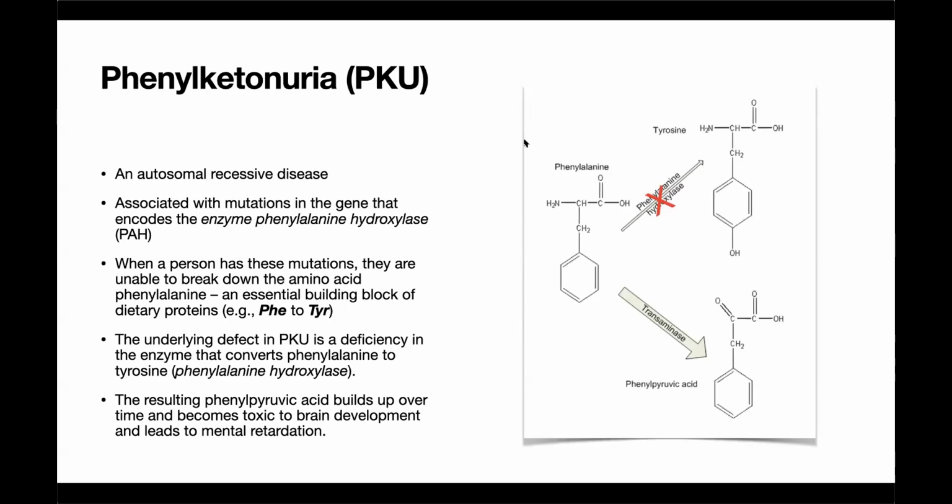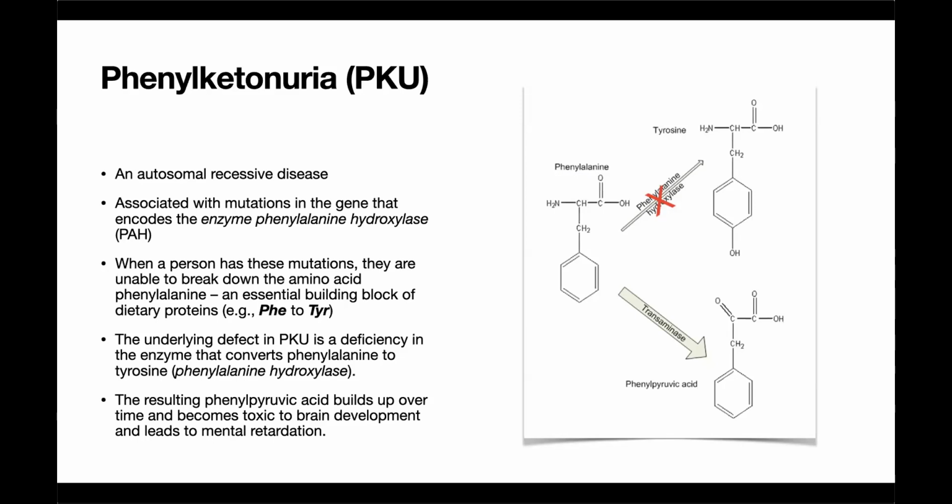Another classic example of this is one of the diseases of the early 20th century when it was characterized, and it's one of the many diseases that now form the group of standard tests that every baby born in the United States undergoes.